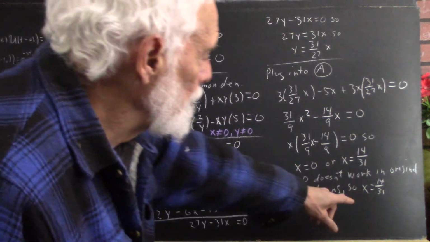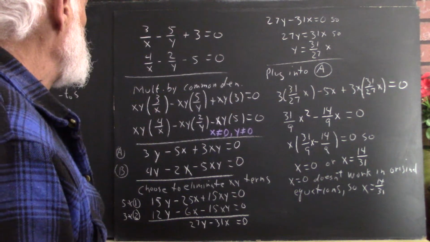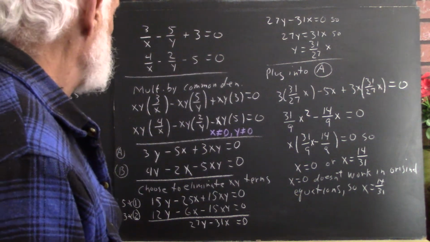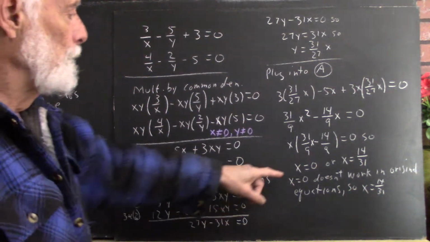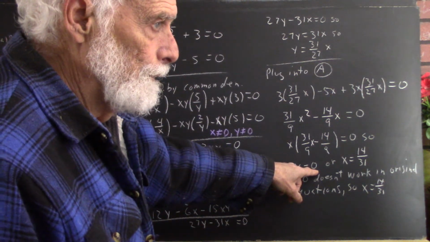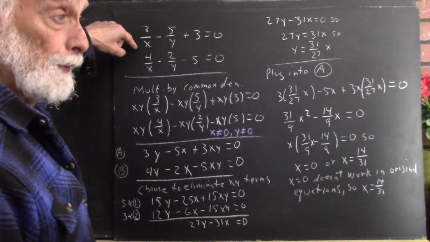Okay, so anyhow, we end up with x equals 14 over 31. And we can plug that into either of these equations. So again, when we got x equals 0, by looking back at the original equation, we see that can't be done.